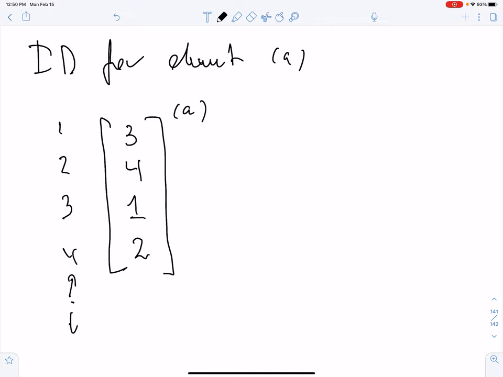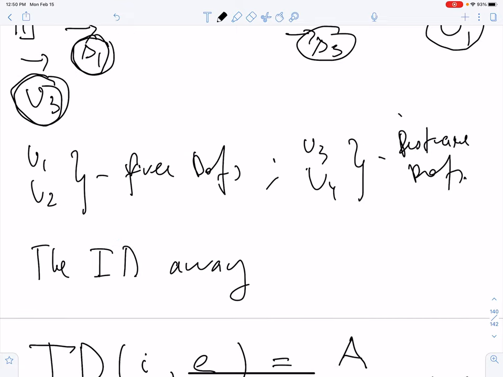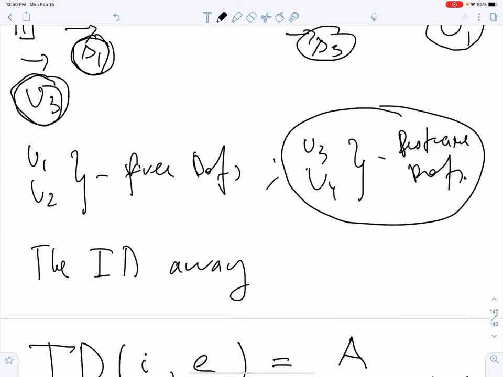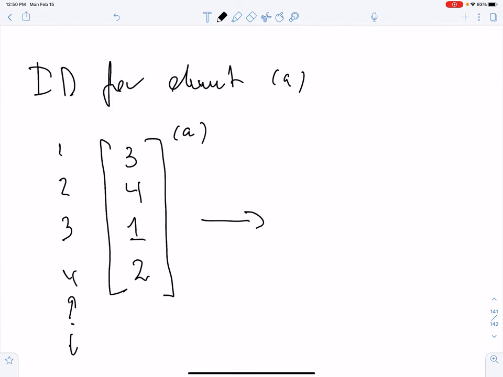In addition, as before, because U3 and U4 are restrained, it means that I know what the displacements are in this location. In this case, these happen to be 0. Sometimes you prescribe non-zero displacements, such as in the case of support settlements and so forth. In that case, because there are no equations there, there's nothing to assemble, there's not going to be a force vector, and these will not play a role in KFF, which only couples the free degrees of freedom.